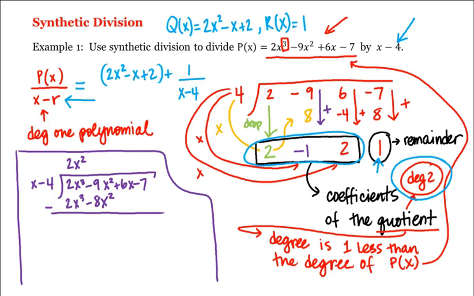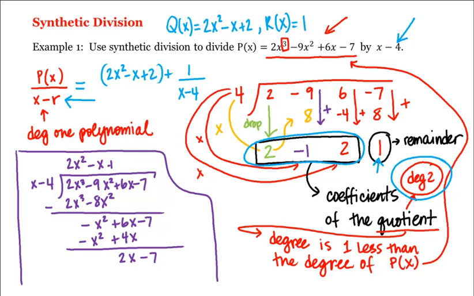And now subtracting, we get negative x squared plus 6x minus 7. And x goes into negative x squared, negative x times. And negative x times x minus 4 is negative x squared plus 4x. And subtracting gives us 2x minus 7.